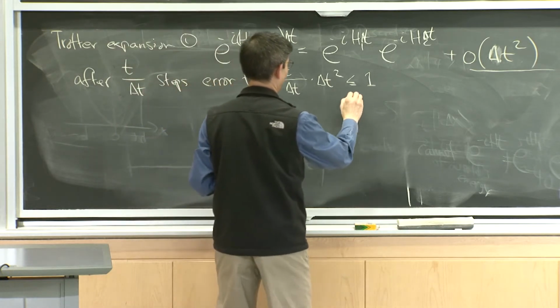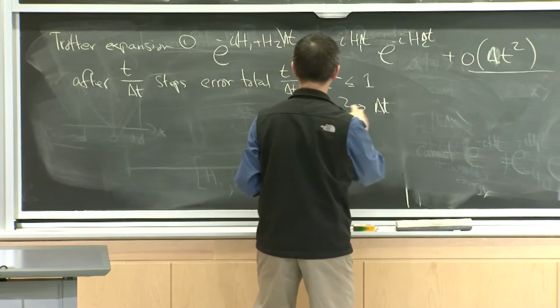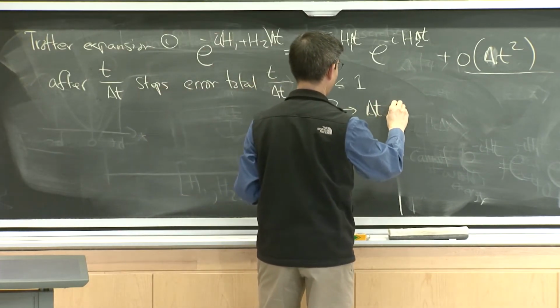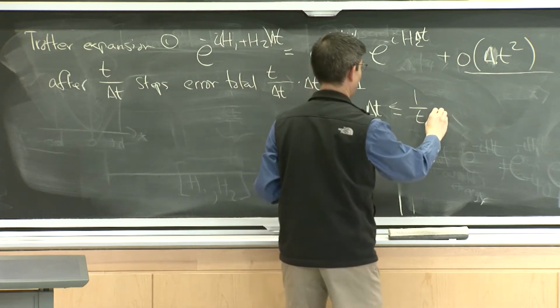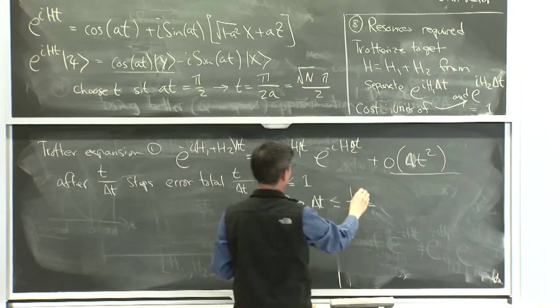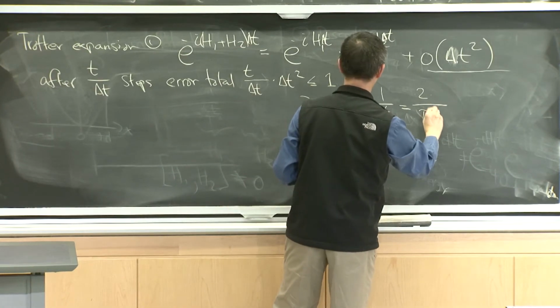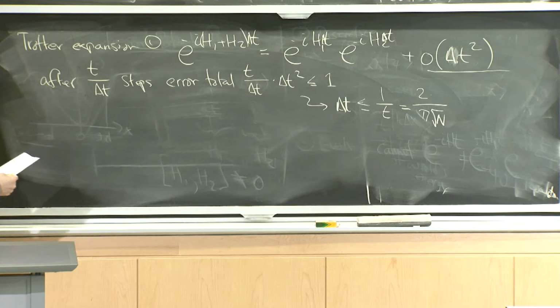Then we would find that delta t, canceling one delta t, has to be less than or equal to 1 over t. And remember, t is this. So this is 2 divided by pi square root of n. Okay, so that's not too bad.